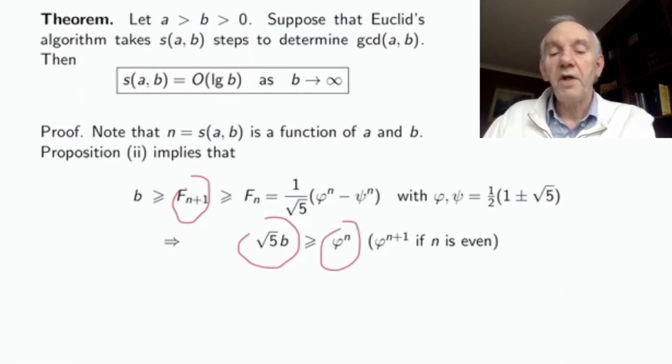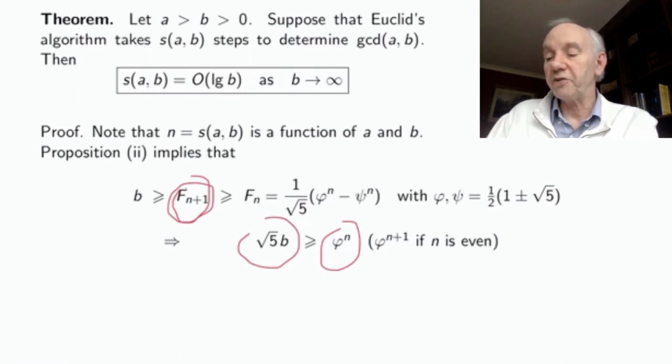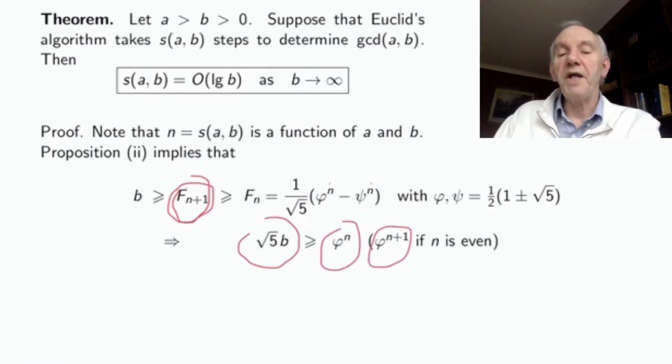But if n is even, I could actually use the formula for f_{n+1}, in which I have the powers here. So in that case, this would actually be greater than or equal to phi to the n plus 1. So in either case, this is going to be true.